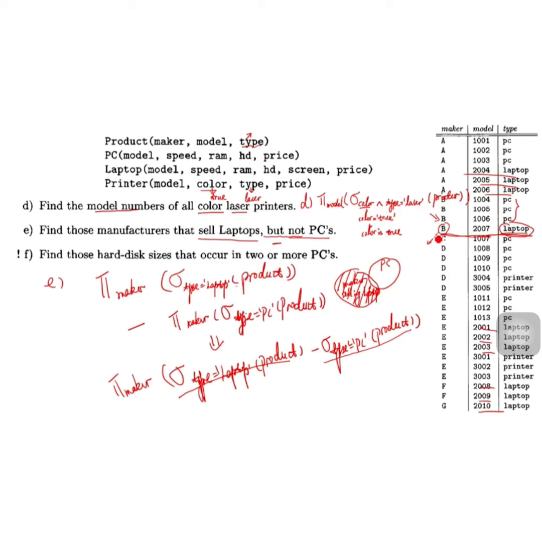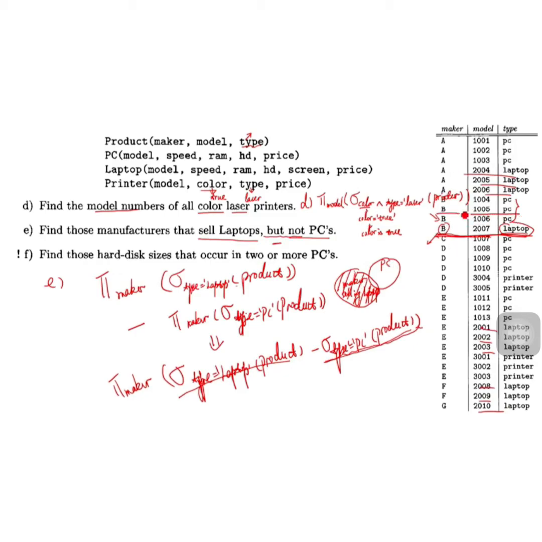Because, for example, if we type is laptop, we'll get this one. And by this expression, we can get this one.